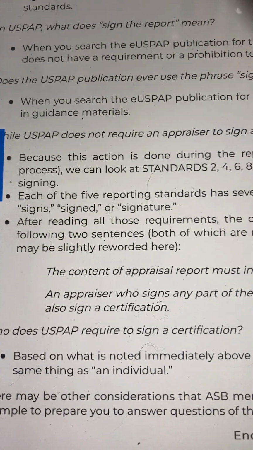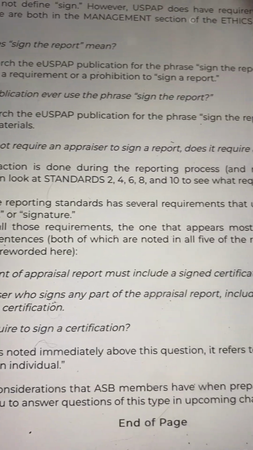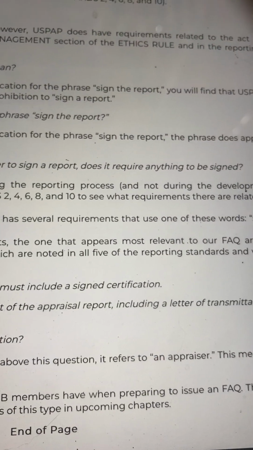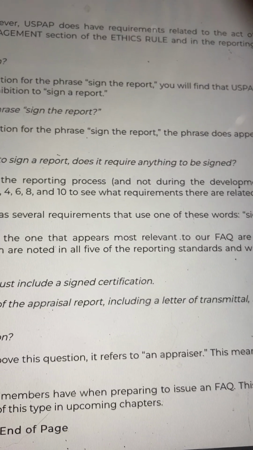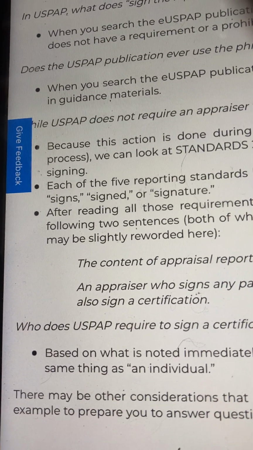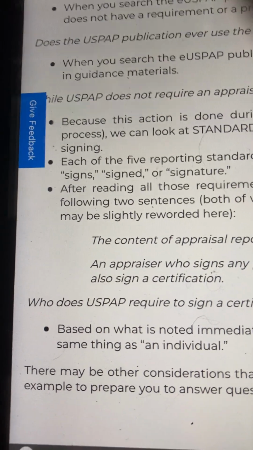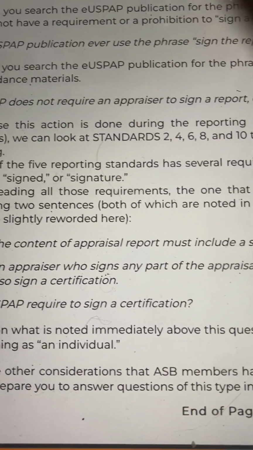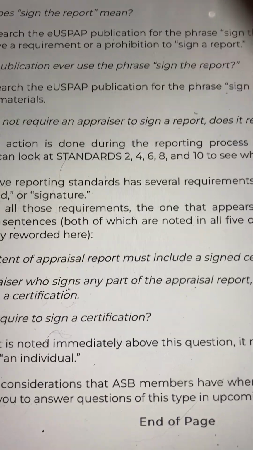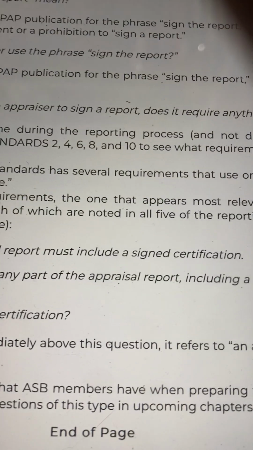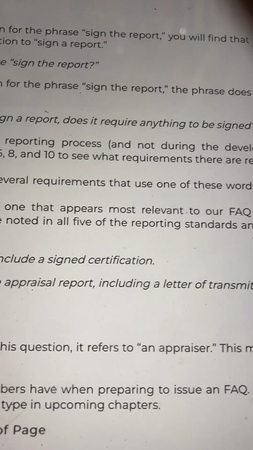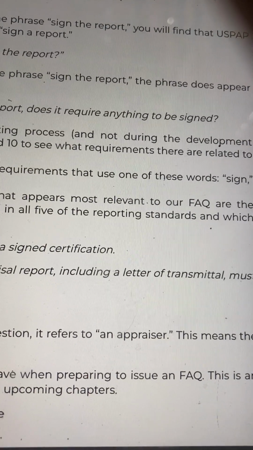Based on what is noted immediately above this question, it refers to an appraiser. This means the same thing as an individual. There may be other considerations that the Appraisal Standards Board members have when preparing to issue an FAQ.